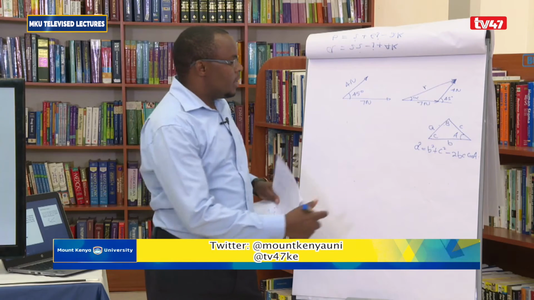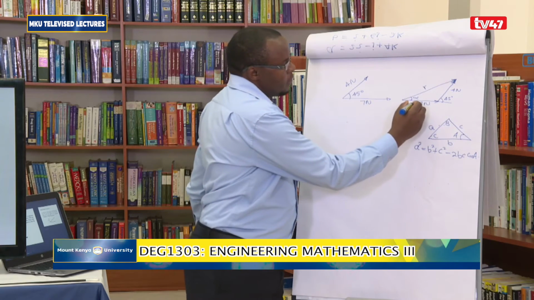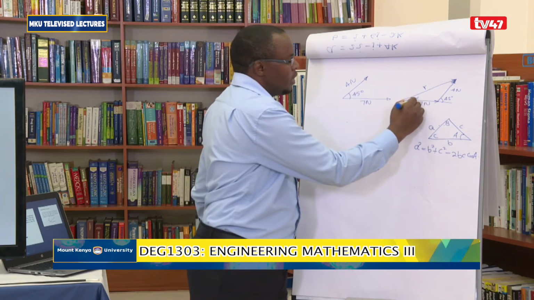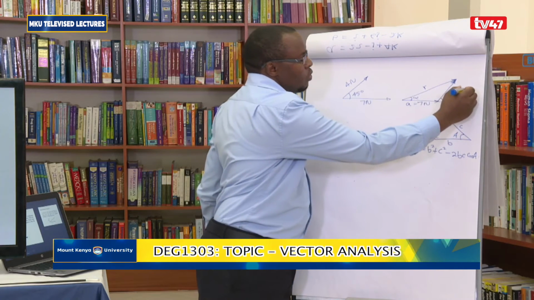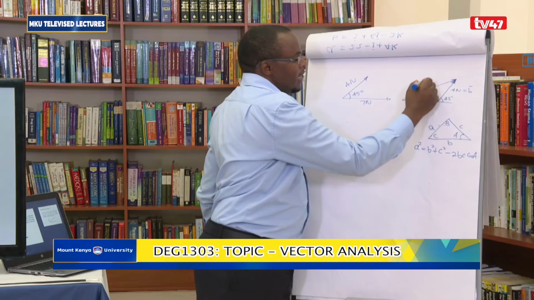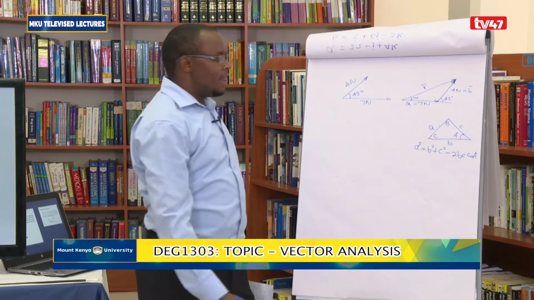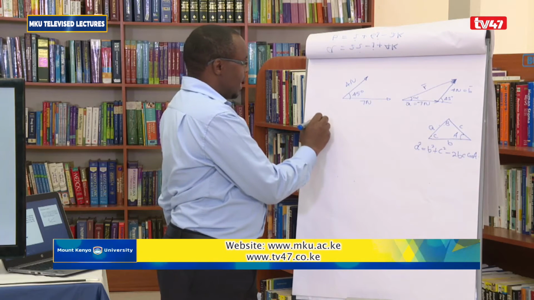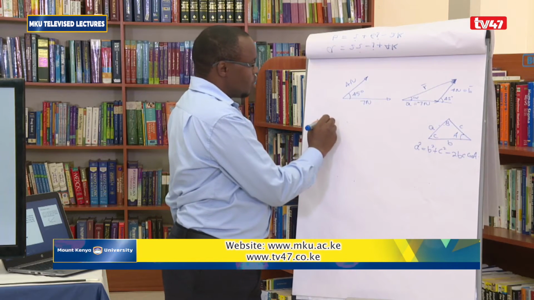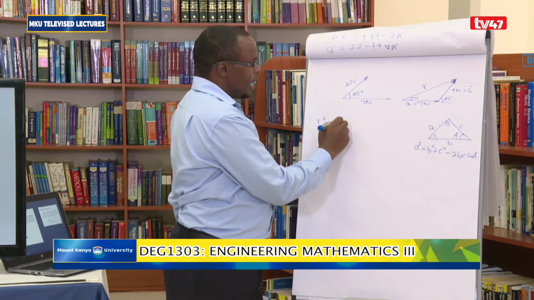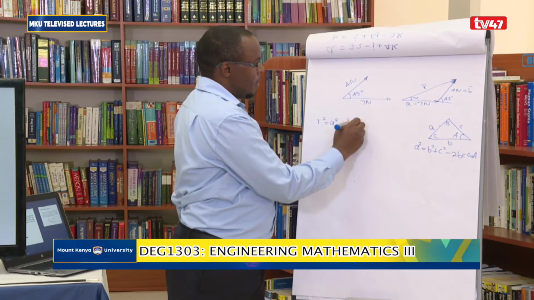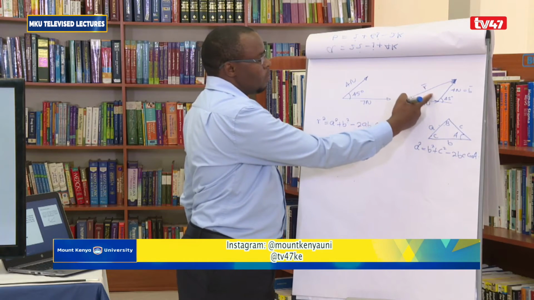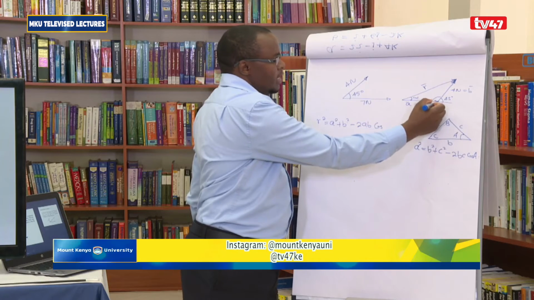And then if we refer to this, let 7 Newton be equal to A and 4 Newton be equal to B vector, and this is our resultant R vector. Then we are going to have that R squared is given by A squared plus B squared minus 2AB cos of the angle that is opposite this, which is this angle.